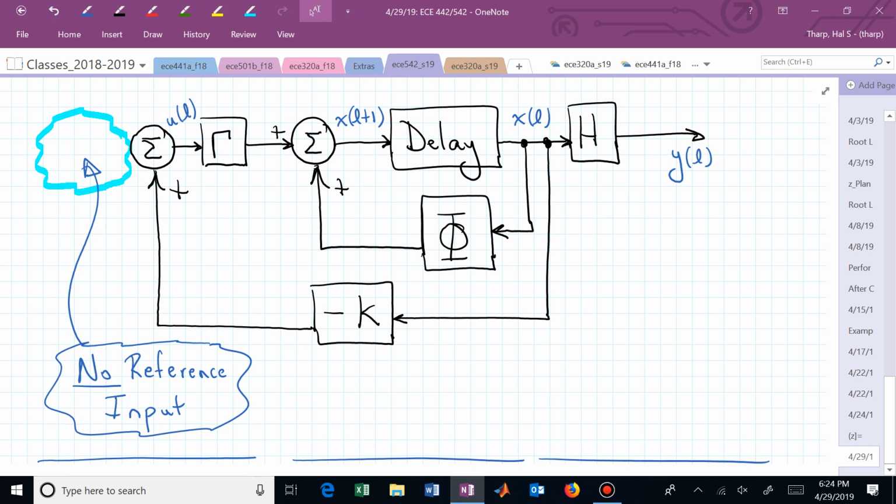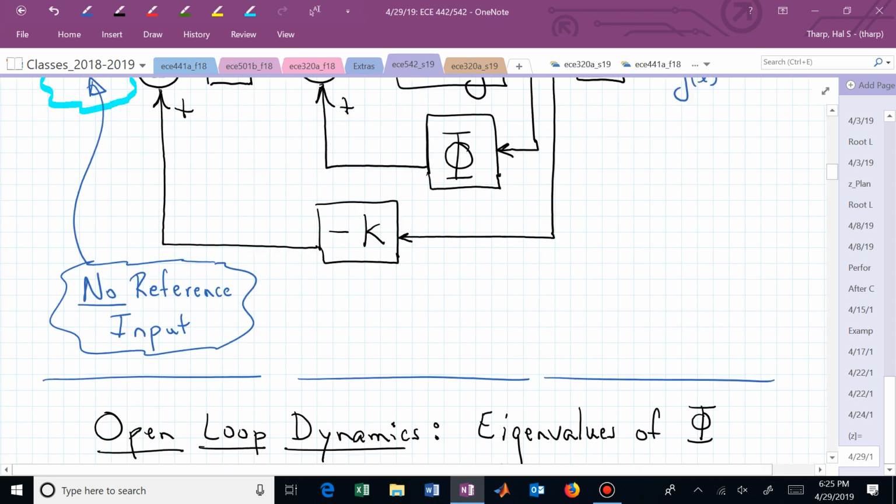Another strategy is estimating x, which we might call x hat, and using that to control the system if we can't go in and physically measure x directly.